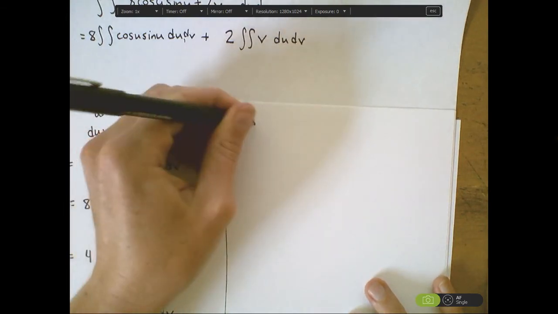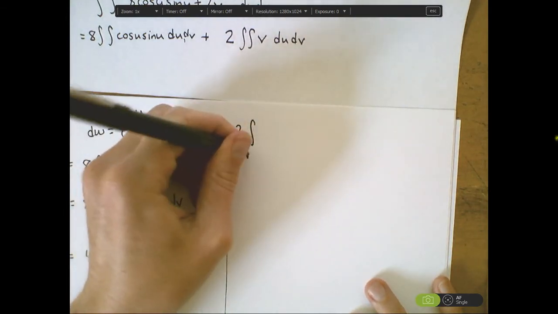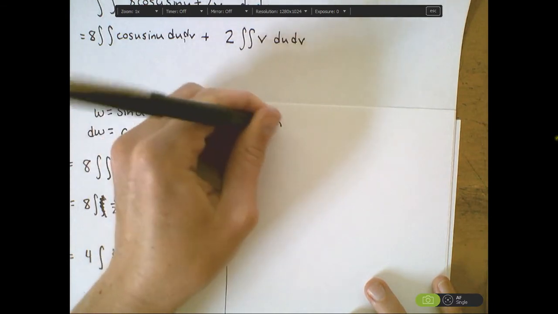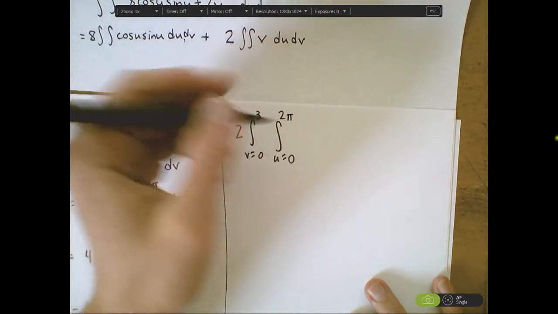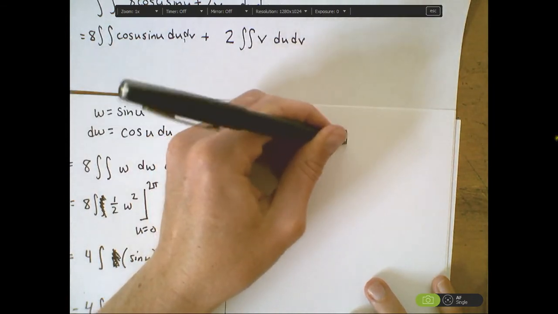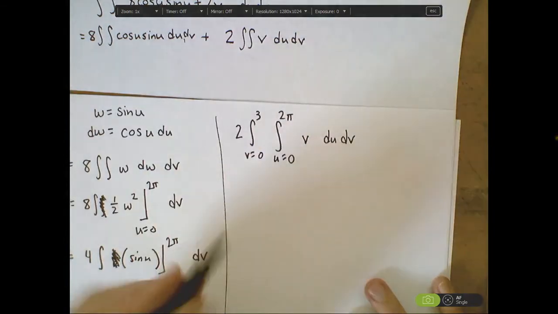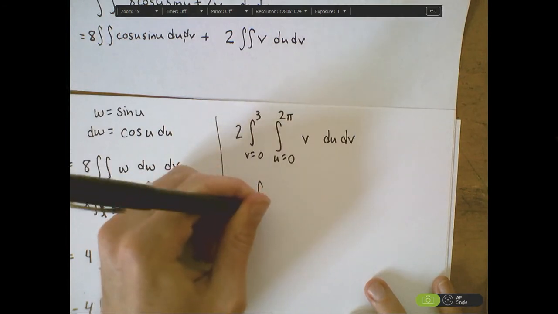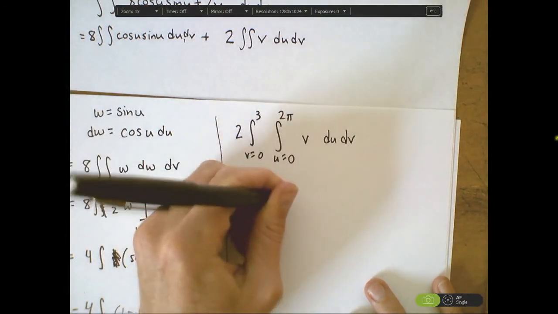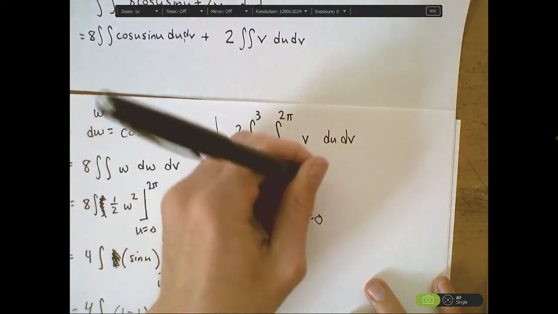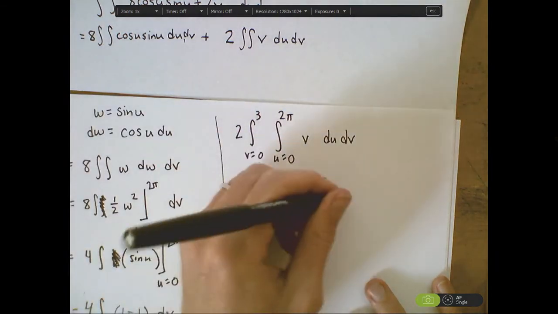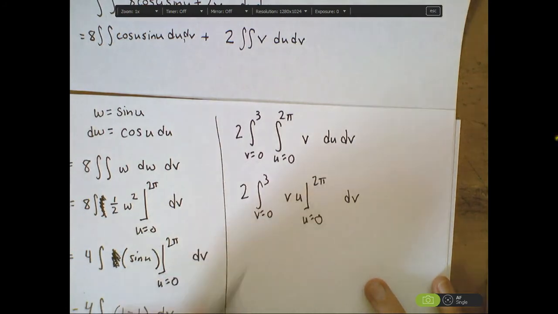It's the integral as v goes from 0 to 3, and as u goes from 0 to 2 pi, of v du dv. So integrating with respect to u, I get du, and I'm evaluating u as it goes from 0 to 2 pi, and that's going to end up being 2 pi times v.